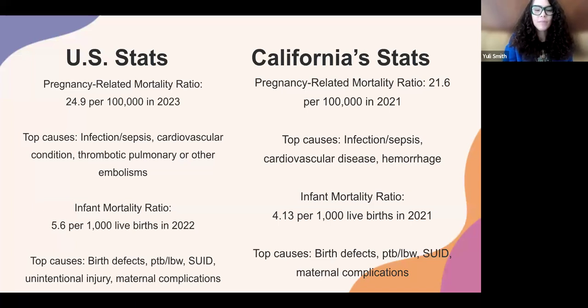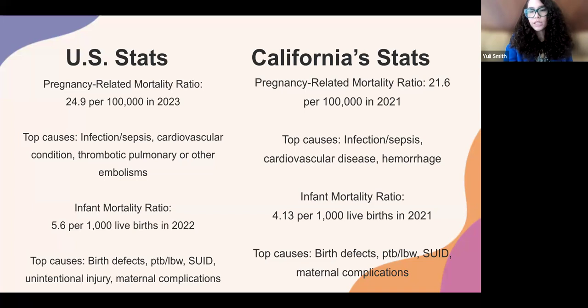Okay. Now, our top causes for maternal mortality and or infant mortality in California relate to infection, sepsis, for birthing people, cardiovascular diseases, hemorrhage. Okay.